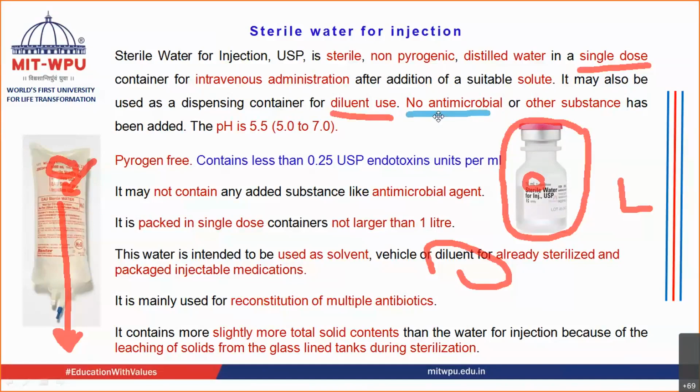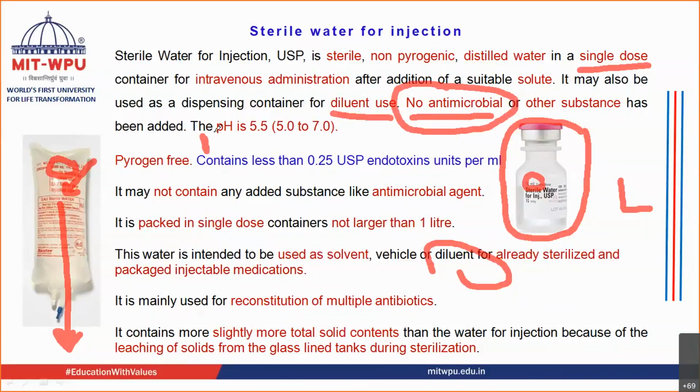Another thing that you have to remember in sterile water for injection is that no antimicrobial is added into it. So you don't add any antimicrobial agents into sterile water for injection. When you add antimicrobials into water for injection, those are known as bacteriostatic water for injection.